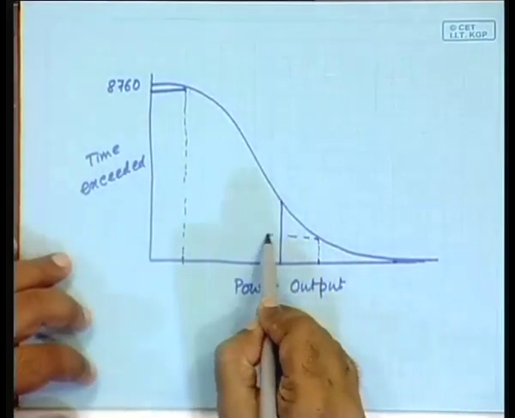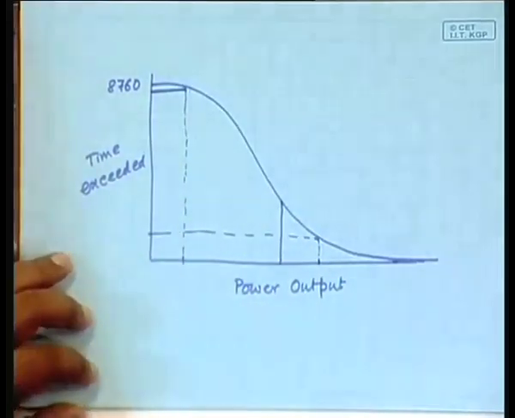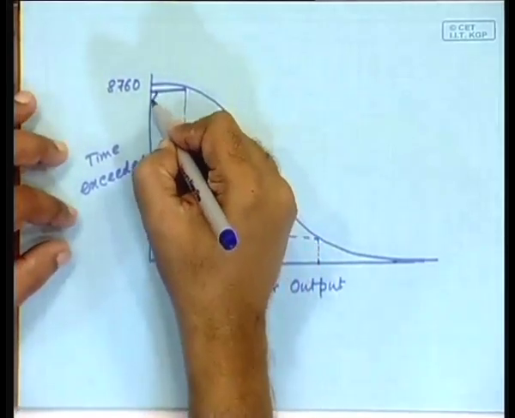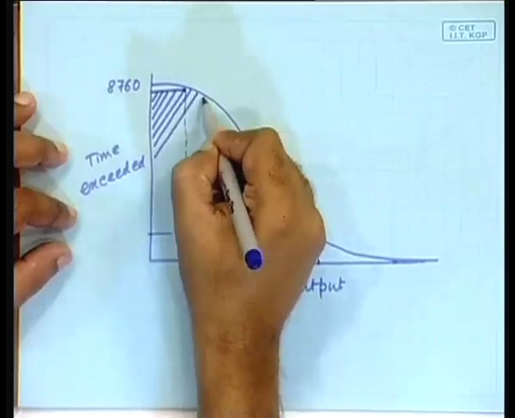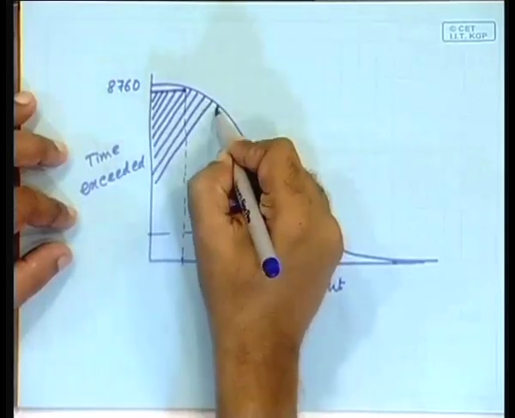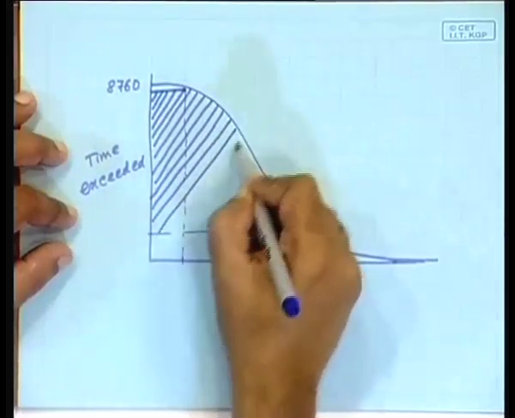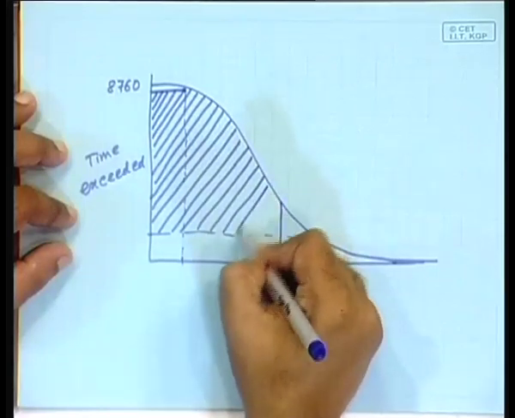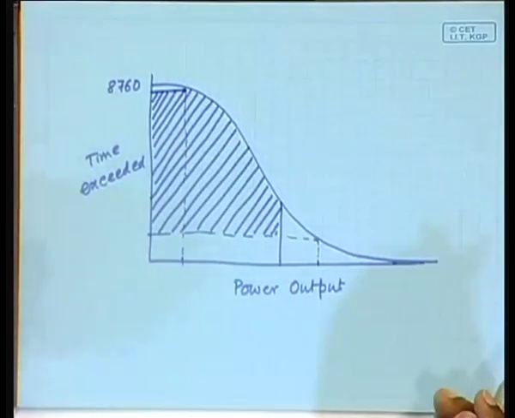Then you draw the horizontal line, and this part is also chopped off. So, ultimately you would say that I will be able to generate power only for this range, this area. The power generation or energy generation will be proportional to this area.